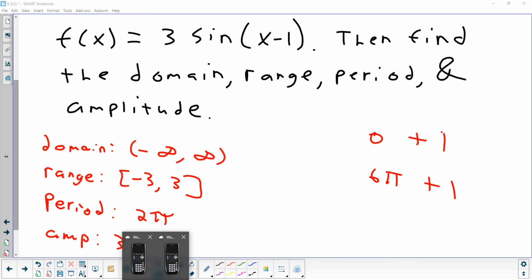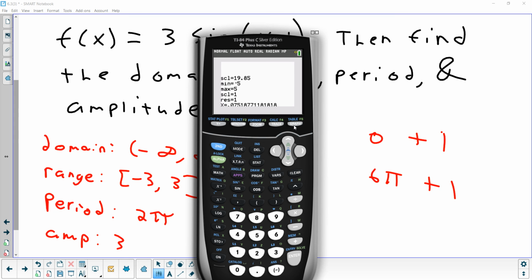And what's going to happen when I graph it is... You changed the wrong thing. Well, X scale, I don't care what that's on. That's fine. So 0 to 6 pi plus 1.